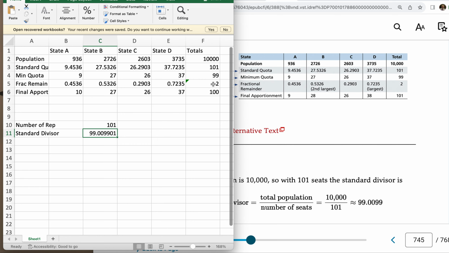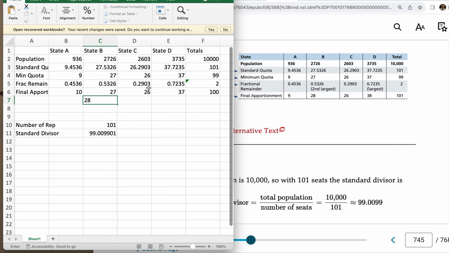Who do we give them to according to the Jefferson method? Well, the Jefferson method, or the Hamilton method, said the highest one. So 0.53 and 0.72 are the 2 highest. So in this case, 27 would go to 28.